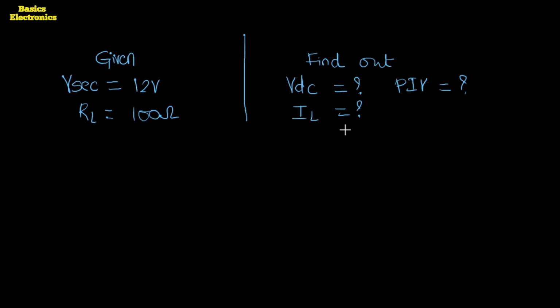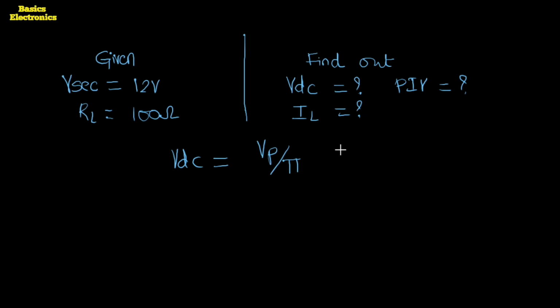If you remember the parameters of this half wave rectifier, the first parameter is VDC. VDC is equal to Vp upon pi. Vp is the peak value of the secondary of the transformer.